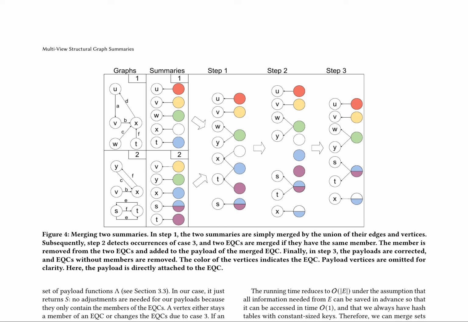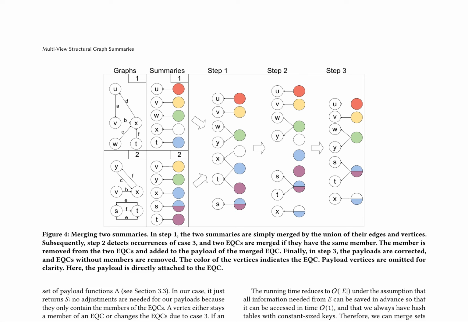This process involves searching for members in both summaries and merging EQCs, yielding a time complexity of O(E squared). Subsequently, step 3 corrects the payloads and removes EQCs without members, requiring O(V·E) time due to the need for searching and altering each EQC's payload.